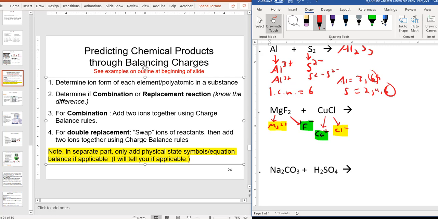So many books just go ahead and write it like this, where they rearrange them. So there's a magnesium with a 2 plus, chloride minus, copper with a plus, fluoride with a minus.